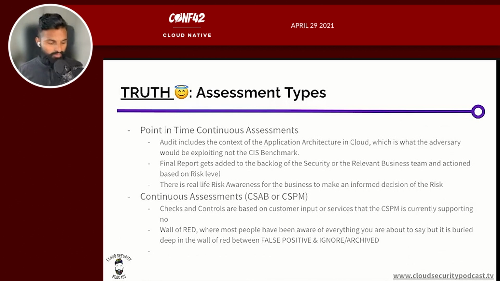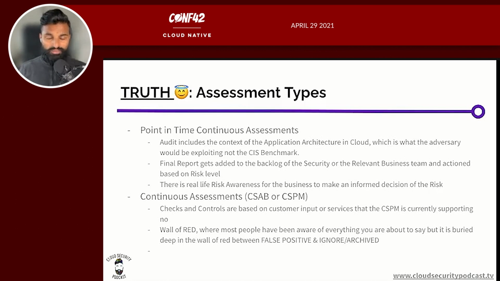For example, assume I came in, or someone else who looks like me and knows like me, uses automation to reduce the audit time by half and comes with a checklist and gives it to you. What you might realize if you use some of that checklist and dig into one of these CSPMs is that a lot of them may already be there, but they're buried in the gamut of false positives or ignored messages or alerts of the CSPM.